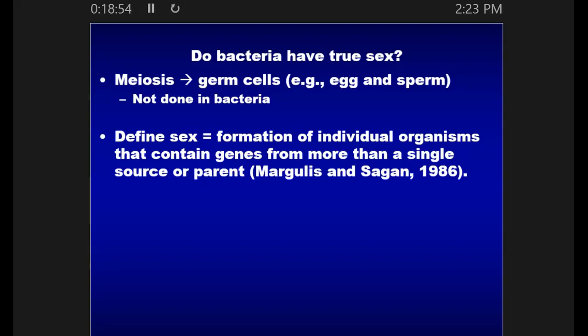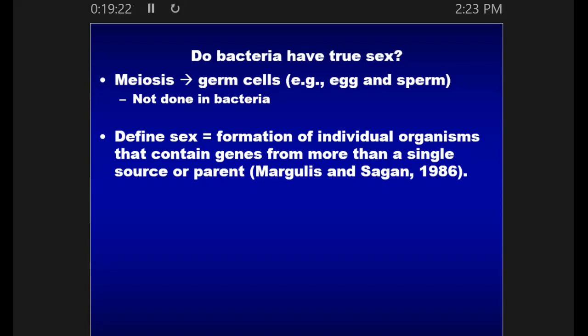So I would like you to know that definition because it's different than this idea of meiosis producing egg and sperm and then getting fertilization to occur. So this definition works. It serves a good purpose, and it's a framework to consider, I guess, the microbial version of sex.